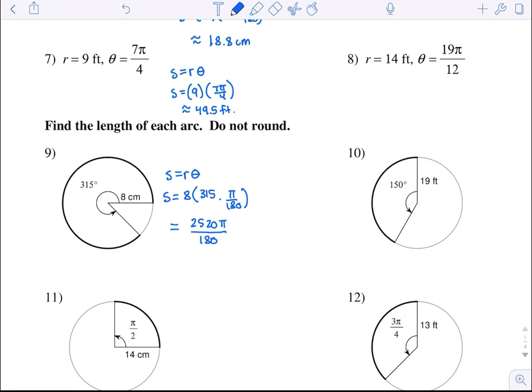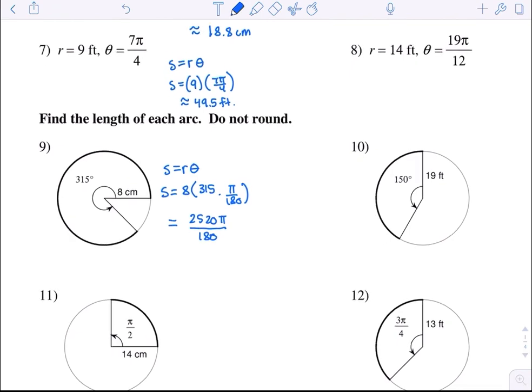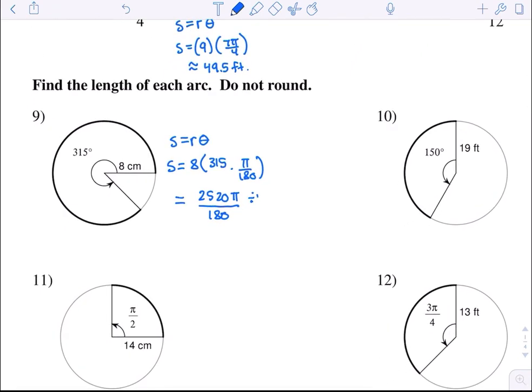Now we need to simplify the fraction. So I can divide top and bottom by 10. 252 pi over 18. And I can divide top and bottom by 9 to get 28 pi all over 2. And then divide top and bottom by 2. So then we get 14 pi, and this is what it looks like without rounding.